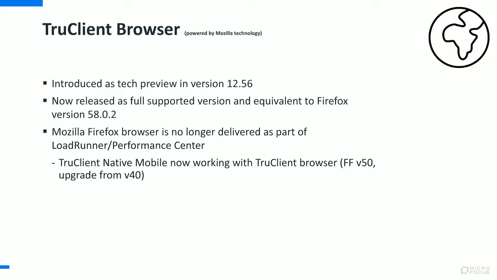So going with 1260 and on, you are no longer going to see Mozilla Firefox as a selection for the browser, but as a replacement, you're going to see the Truclient browser, which again is based off of the Mozilla codebase. The team has made a lot of improvements from 1256 to 1260, and you're going to continue to see those improvements and optimization going forward.